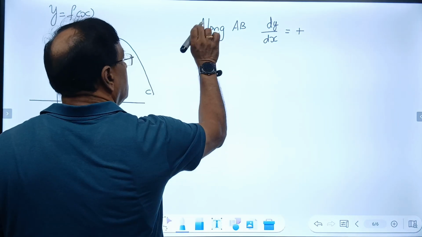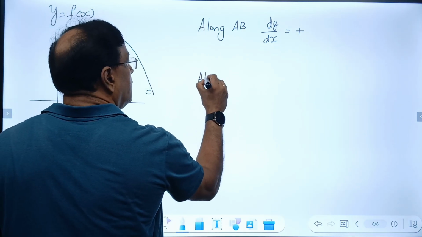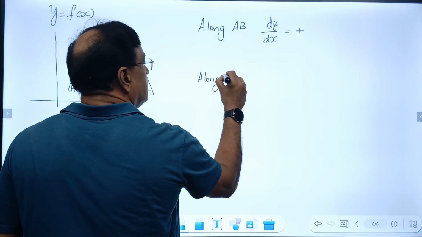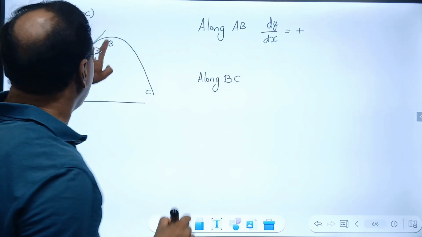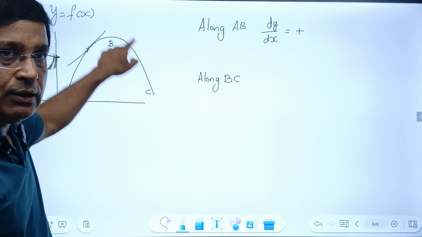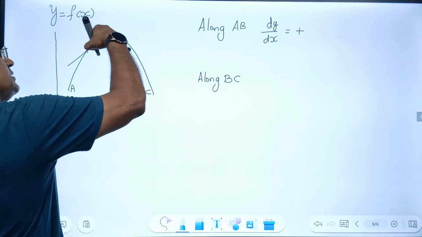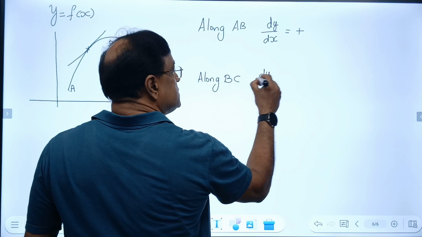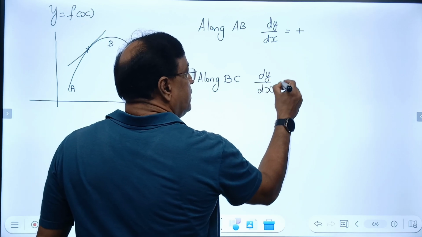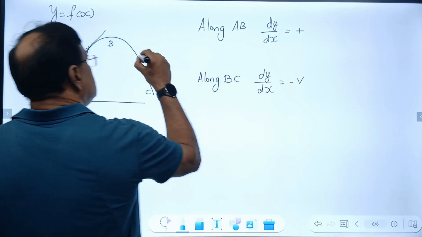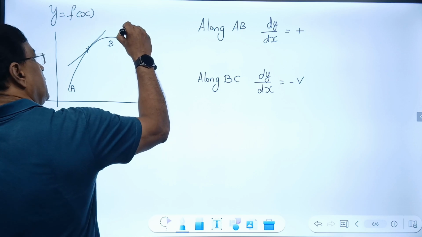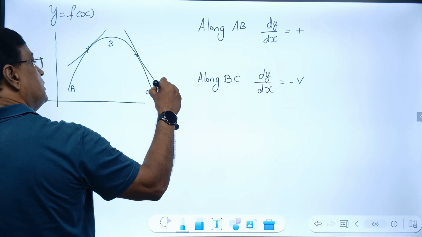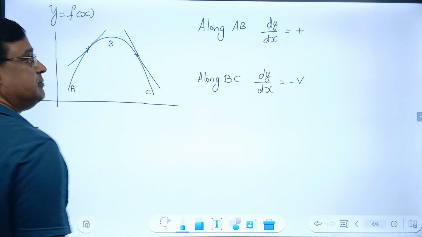Now along BC, if I look at it from B to C, you can see the function is decreasing. If the function is decreasing, obviously the derivative is negative, because the tangent is going to make an obtuse angle with the positive direction of x-axis.